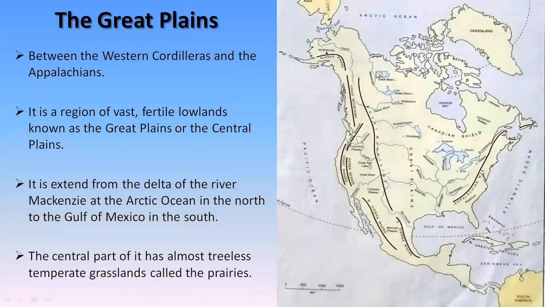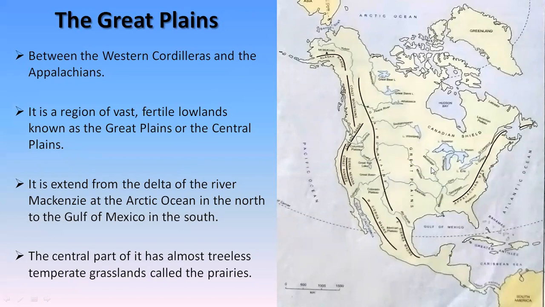Once again, from the Mackenzie River Basin to the south, Gulf of Mexico, the Great Plains extended. On this side, it is very thin, while as it comes to the south, the width of this plain is extended.